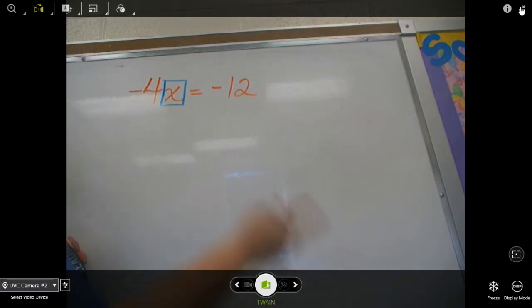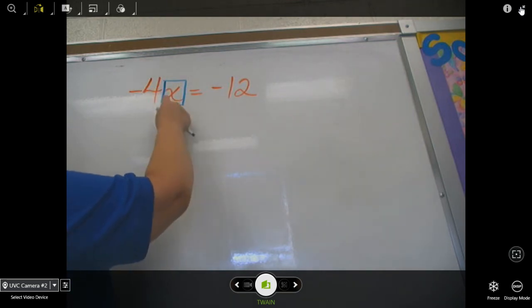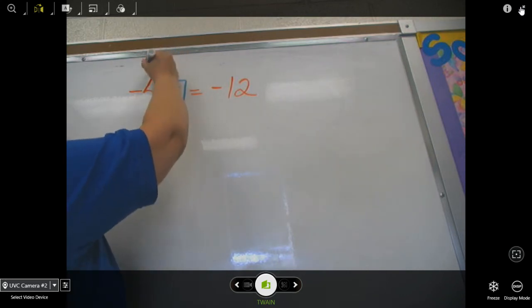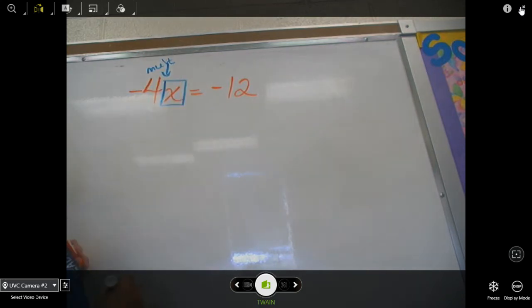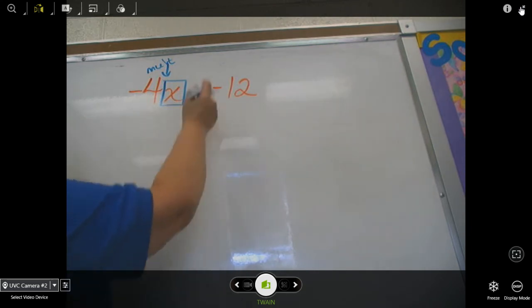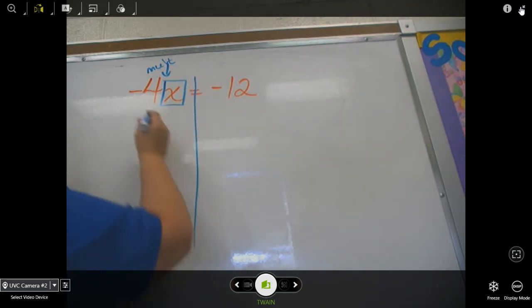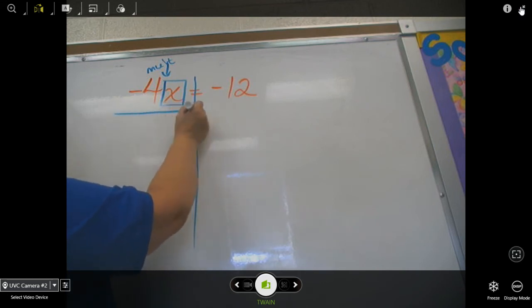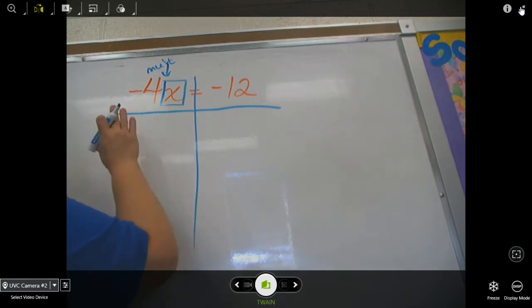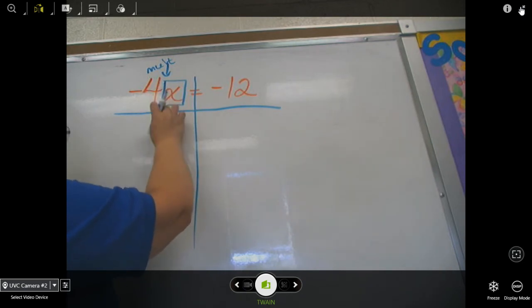I told you a minute ago, anytime you see a number sitting right on the variable, there's nothing in between them. This is multiplication, okay? What's the opposite of multiplication? What's the inverse of multiplication? Division. I'm going to divide by whatever's in front of the variable, negative included. Everything has to go. It has to be quarantined by itself.